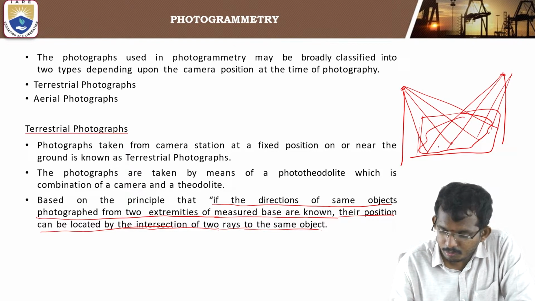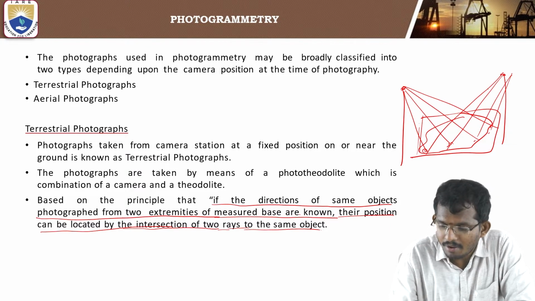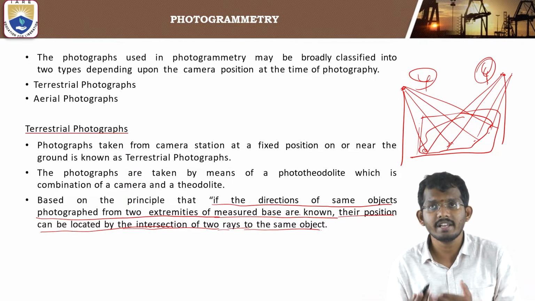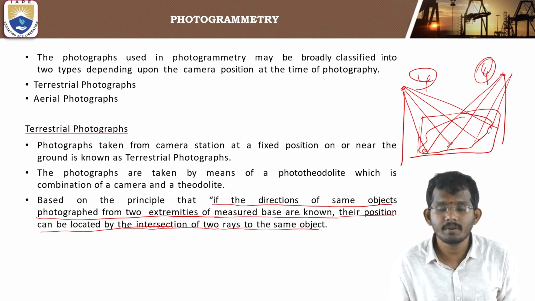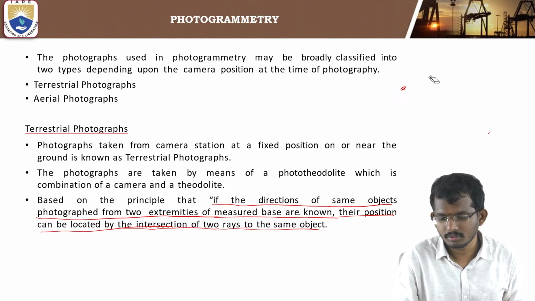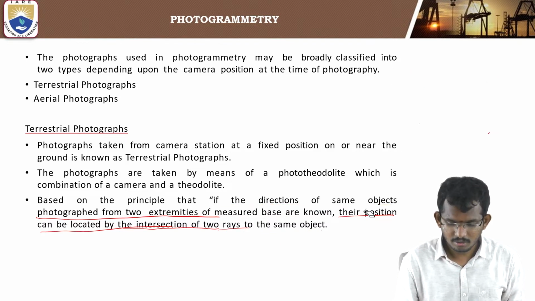So I am intersecting the positions 1, 2, 3, 4, 5, 6, 7, 8. From this side I have 4 rays, and here again 4 rays. With the intersection of all the rays, using stereoscopy, I can extract the physical quantities of an object using terrestrial photogrammetry.